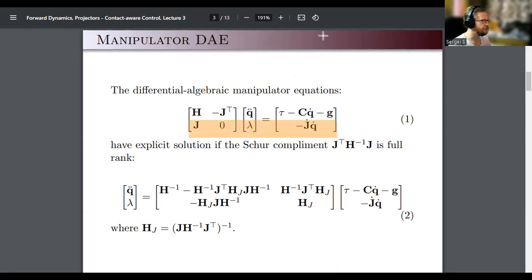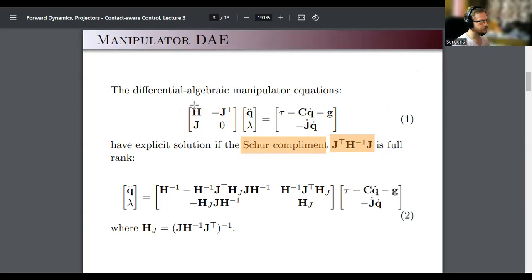This is the constraint equation. It says that the constraint Jacobian times the second derivative of generalized coordinates, so times accelerations, is equal to minus the Jacobian derivative times q dot. You remember where this came from: this was the twice differentiated constraint equation. Now this has a solution if there exists a Schur complement of this form.